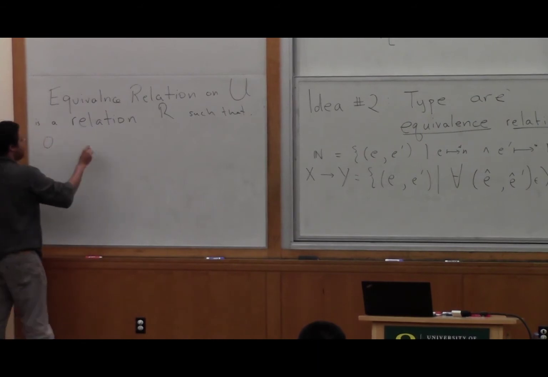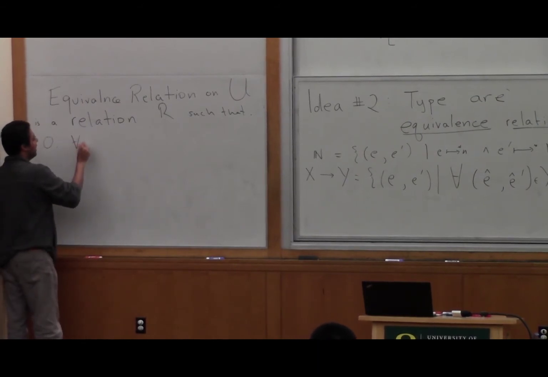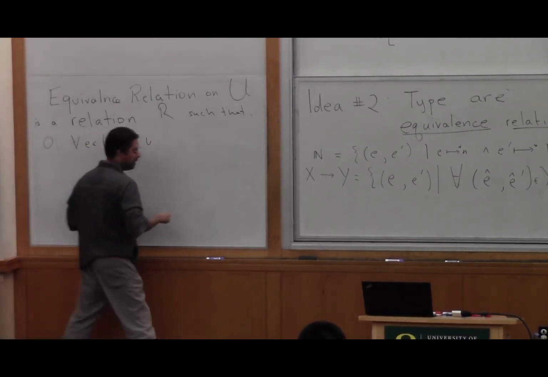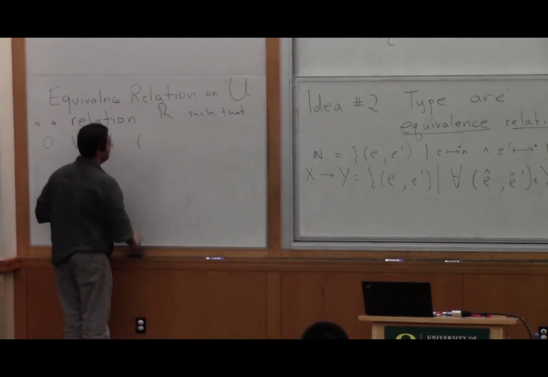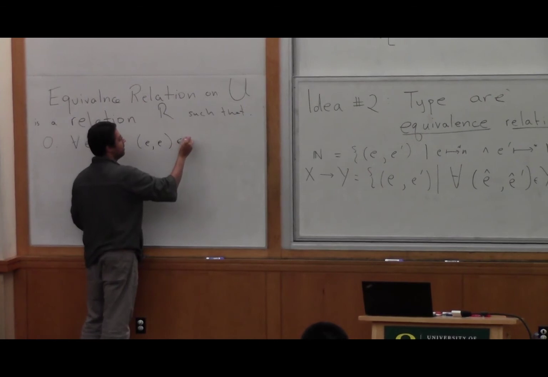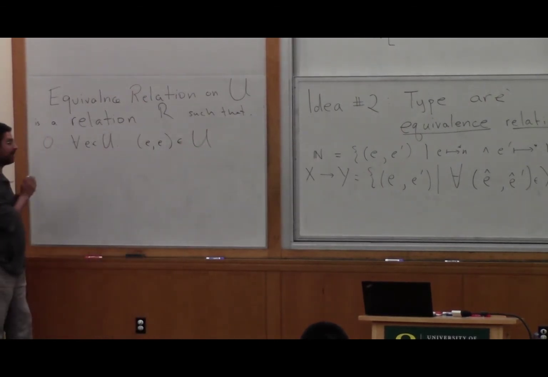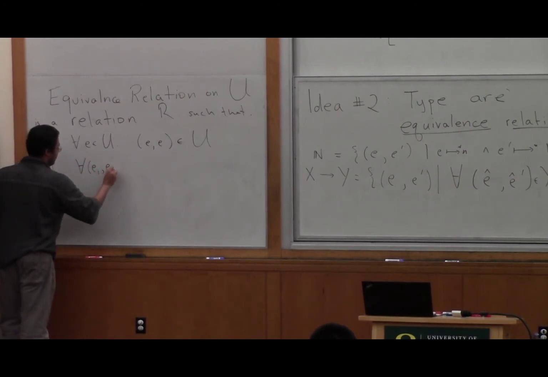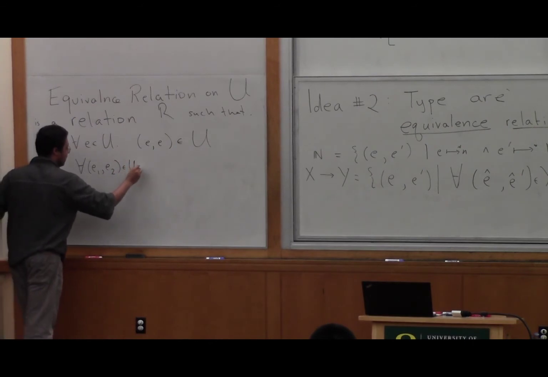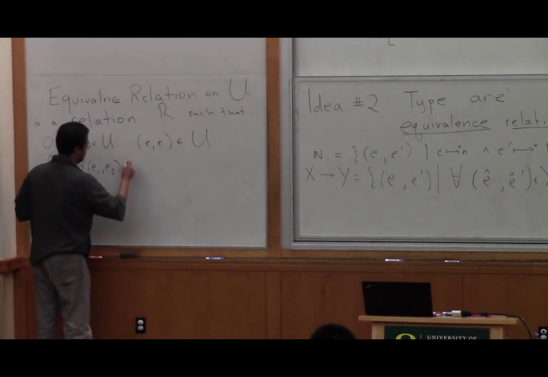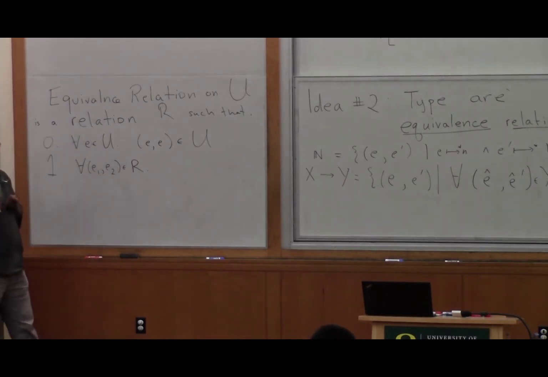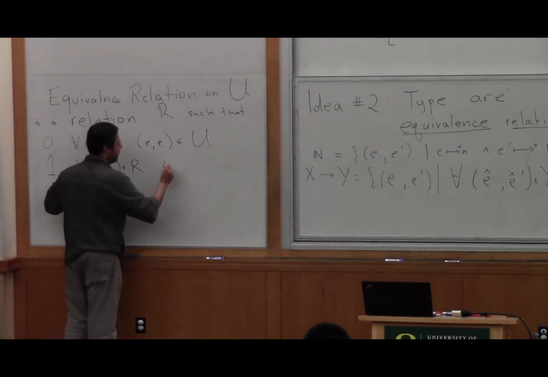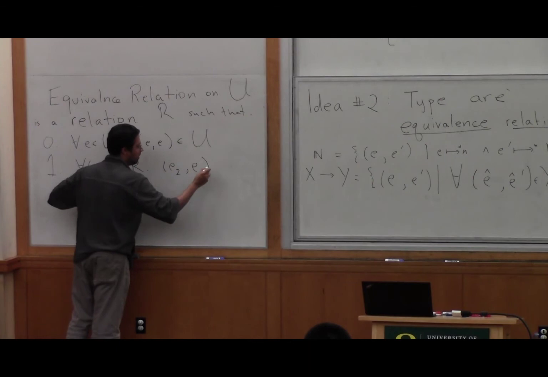The first property is that for every element E of U, E comma E is in the relation. This is the reflexivity property. The second property it satisfies is symmetry. It says if we learn that E1 is related to E2, then E2 is related to E1.